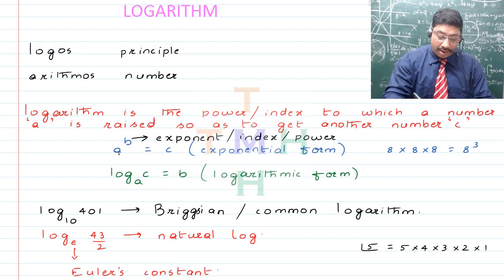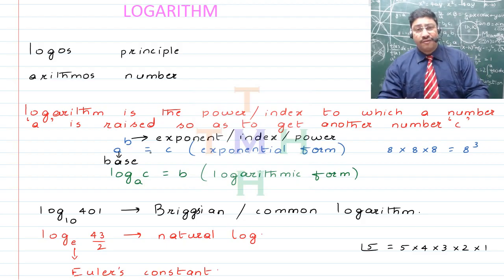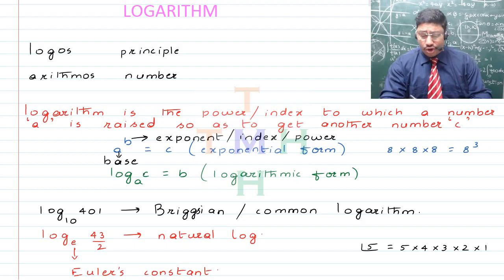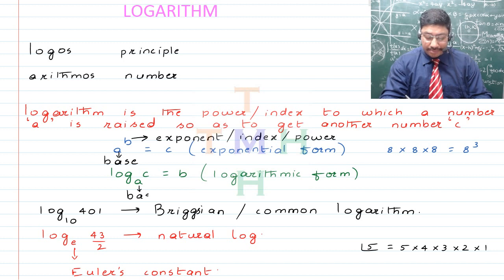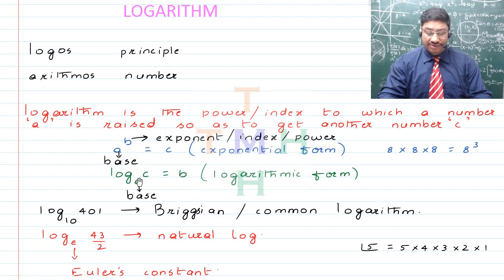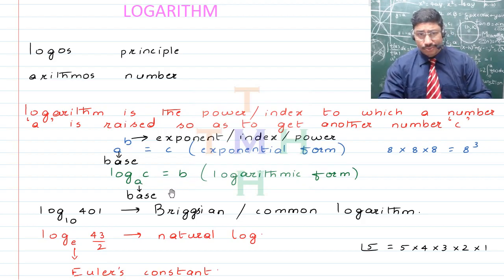And if you talk about this a, it is the base of this exponential form of a number. Now here too, when we talk about the logarithmic form, we have a, which is known as the base, right? And then we find out the logarithm of this number to be able to get to b, which is its value, right?